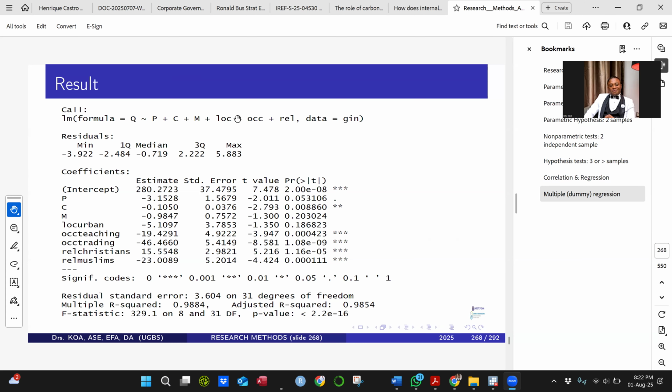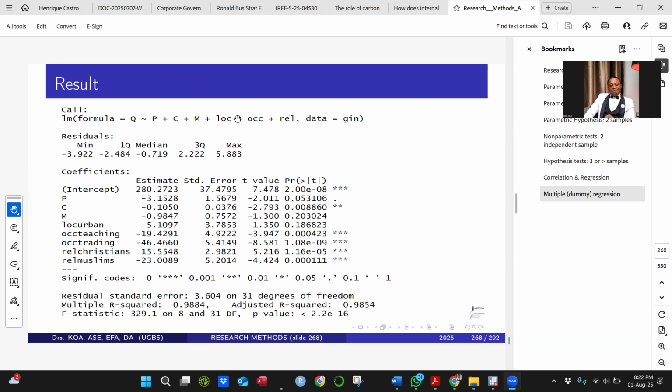Just using the price, the equation is going to be 280, which is the constant, the intercept. Write it down: 280.27, then minus 3.15, that is the coefficient of price. So 3.15, then you attach the word price to it. Now the question is, we have increased price by 8 cedis. What do you do?